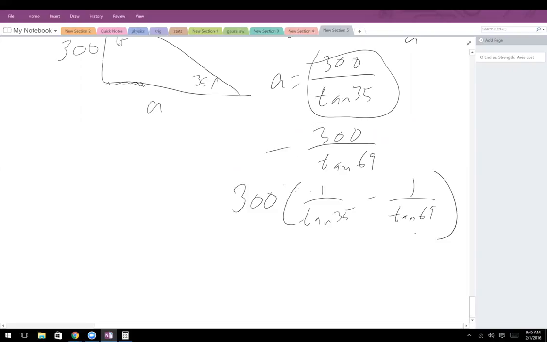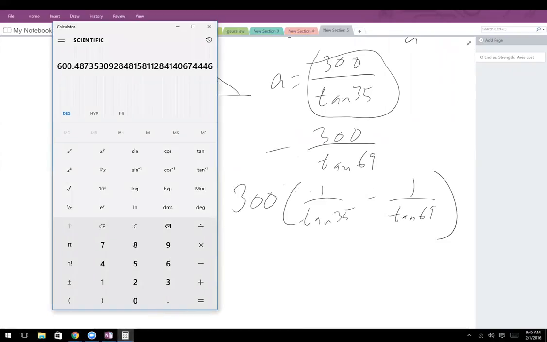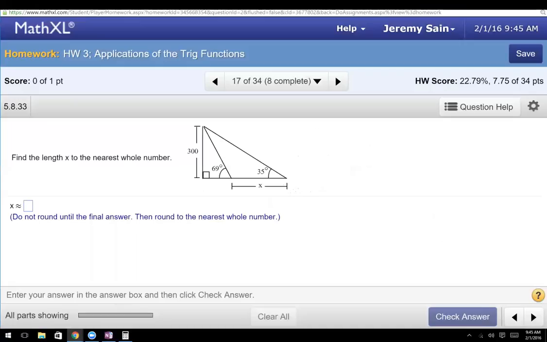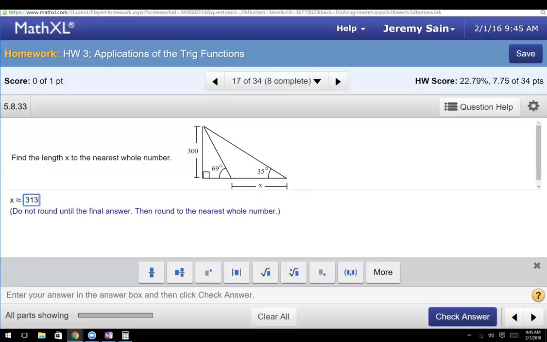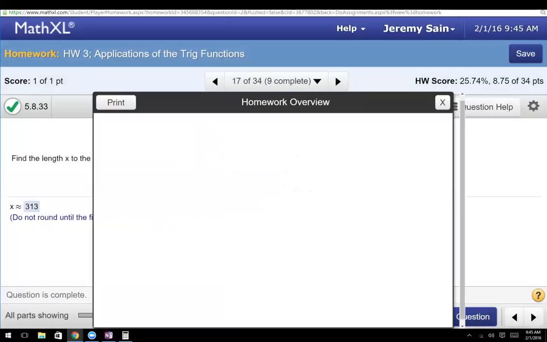So I'm going to grab my calculator. 35 tangent, 1 over x, minus 69 tangent, 1 over x, and then times 300. 313.